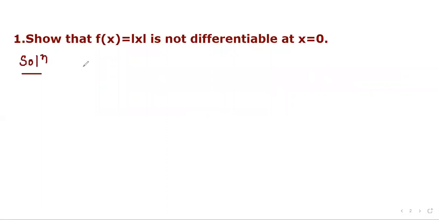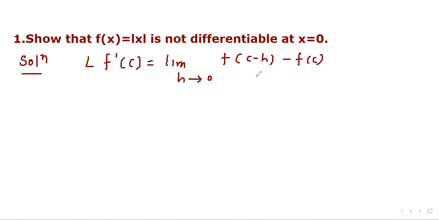First we'll find the left hand derivative. So L f dash c is defined by limit h tends to 0 of f(c minus h) minus f(c) divided by minus h. Here c equal to 0, so we have to put minus h in place of x.